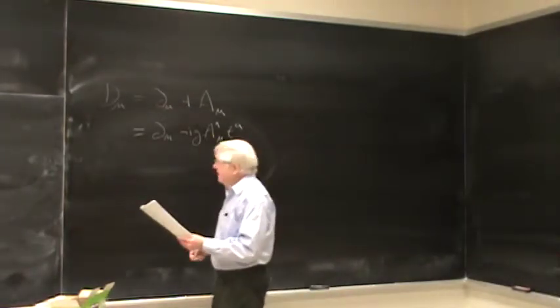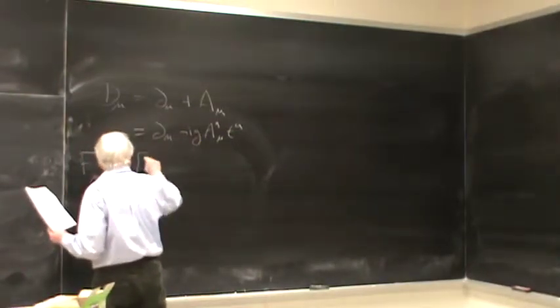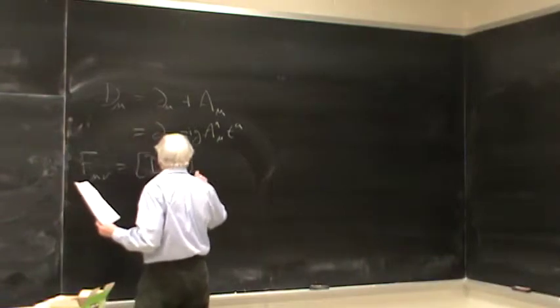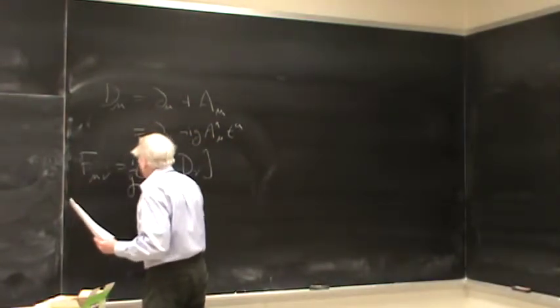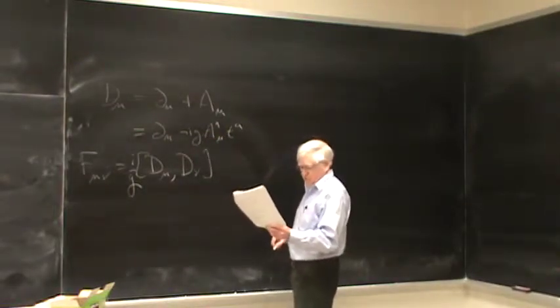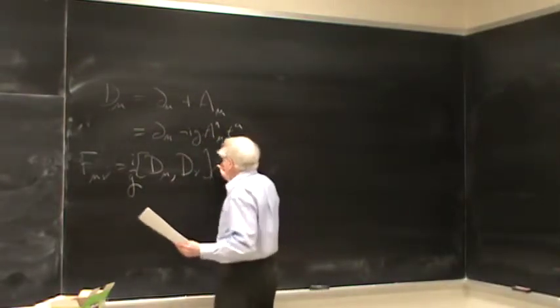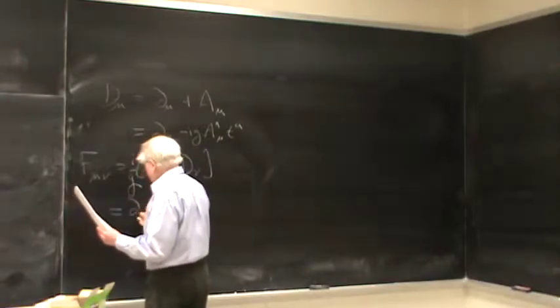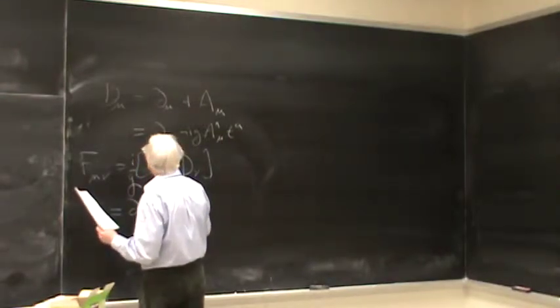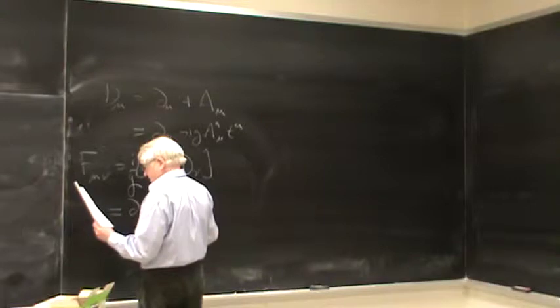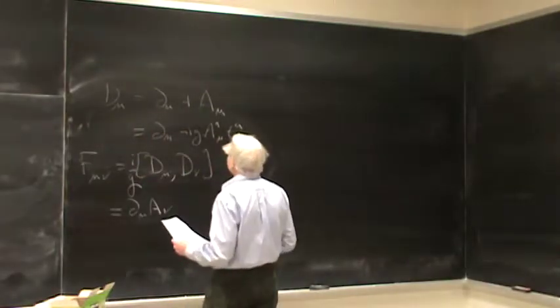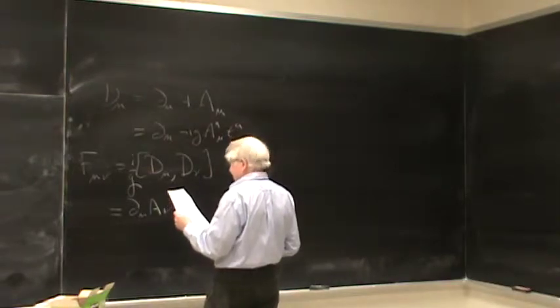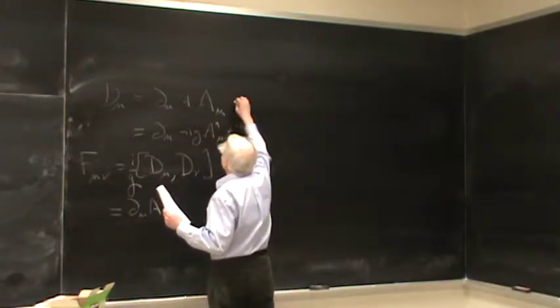And in that notation, F mu nu, which is the commutator of two covariant derivatives, gets multiplied by i over g, and then this takes the form d mu A nu minus d nu A mu minus i g [A mu, A nu].